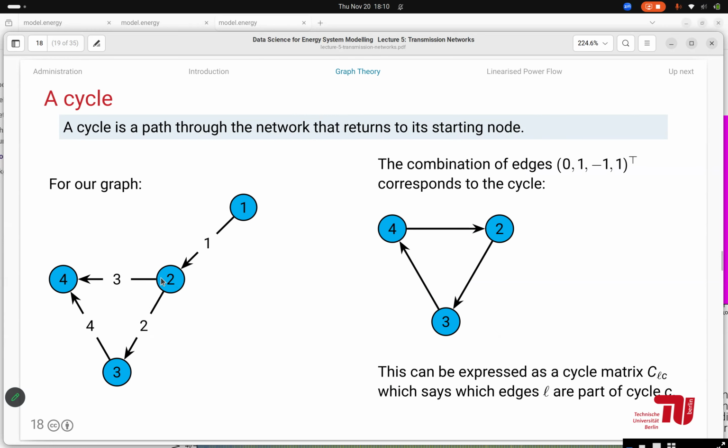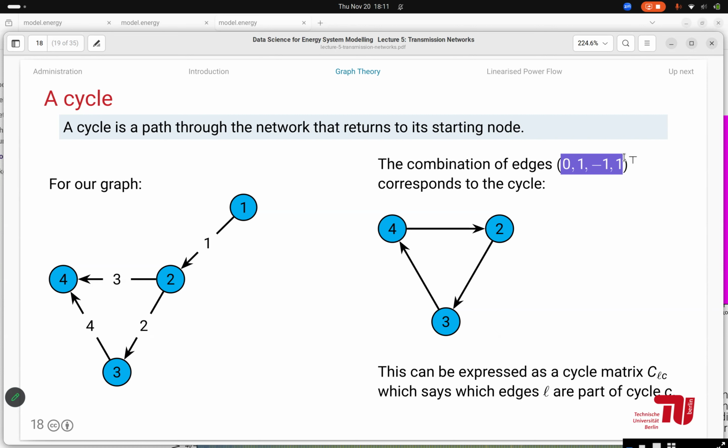You go from 2 to 4, from 4 to 3, and from 3 to 2, while you go in the opposite direction for some of these edges. And you would write this combination of edges as 0 if the edge is not part of the cycle, 1 if you go along the direction of the edge, and -1 if you need to go the opposite direction. That just gives you a definition of a cycle in the network.